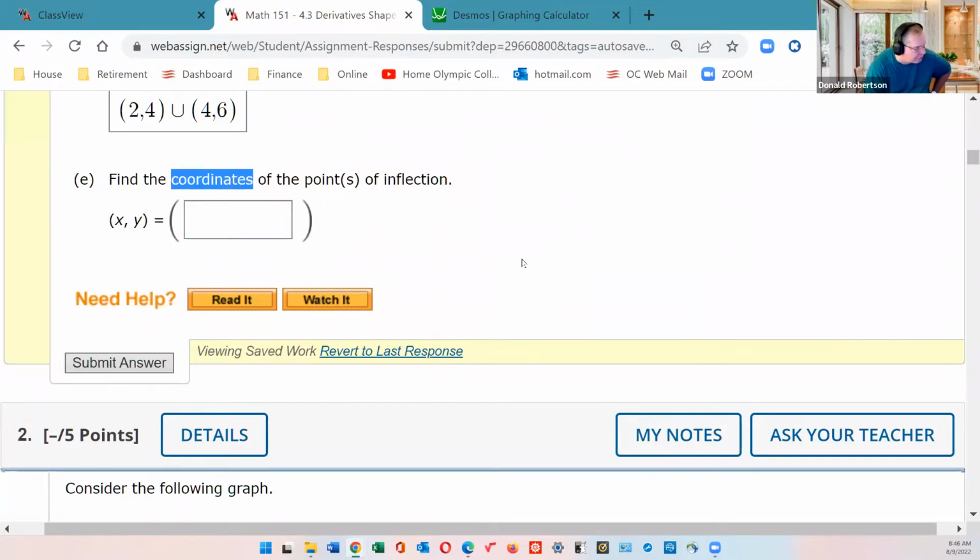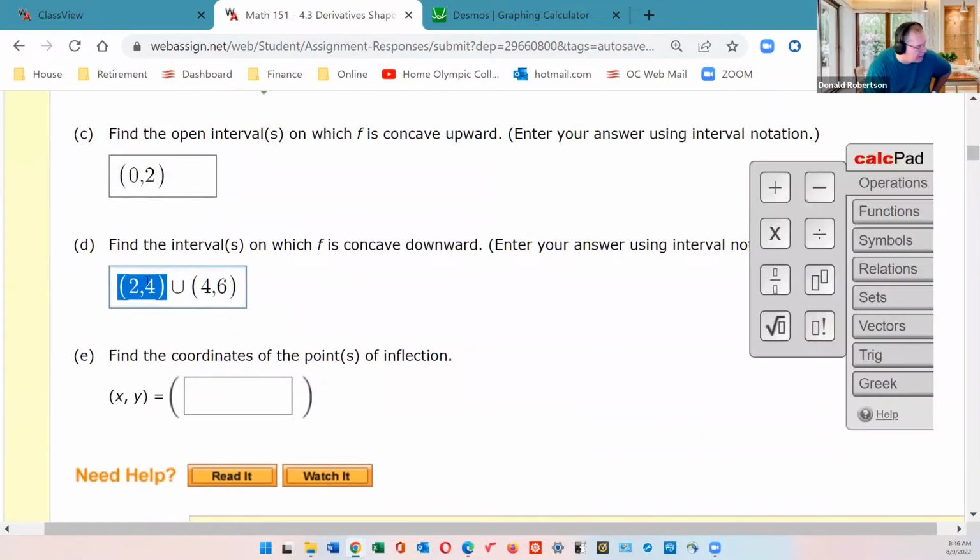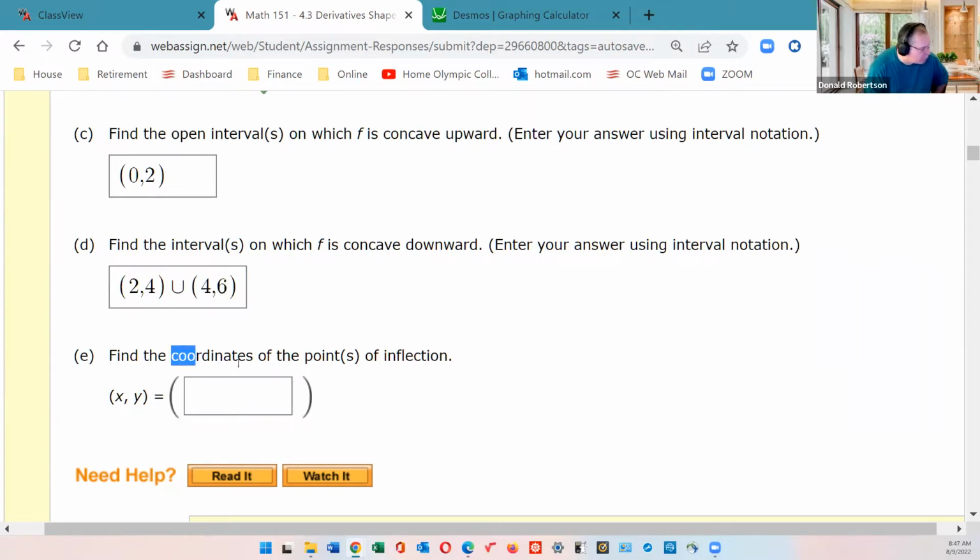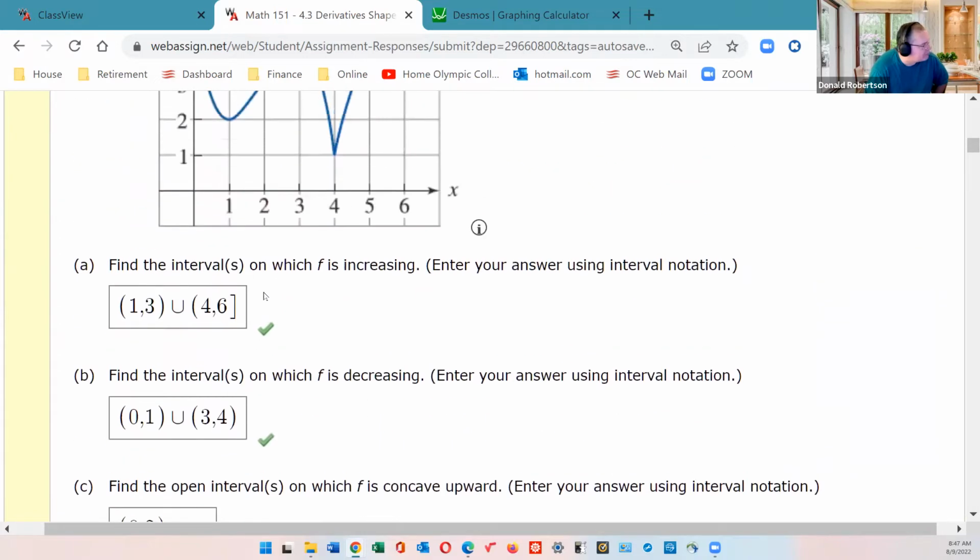So I'm going to write something down that looks like an interval, because that actually doesn't look like a coordinate, but it actually is representing an interval. It's representing all the values of x from 2 to 4, and then all the values from 4 to 6. But we're now going to do coordinates. So I'm emphasizing this is a coordinate.